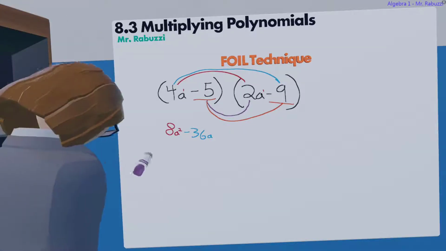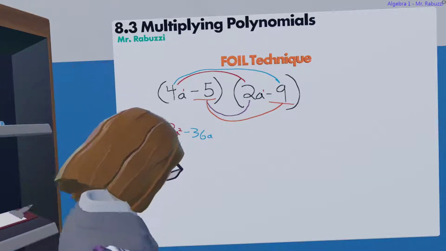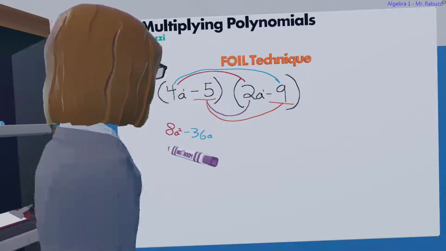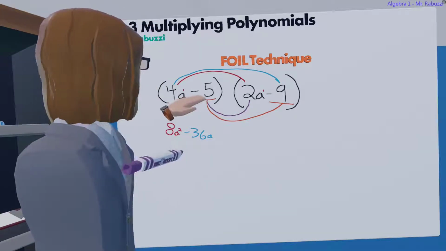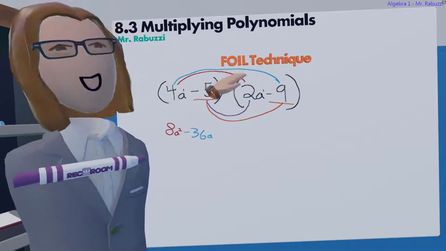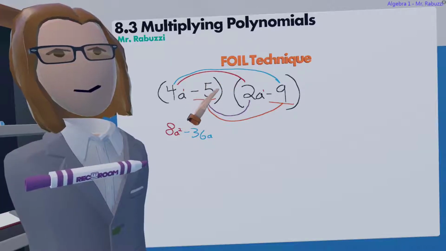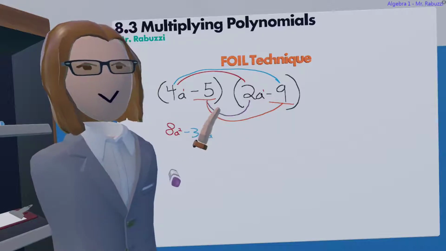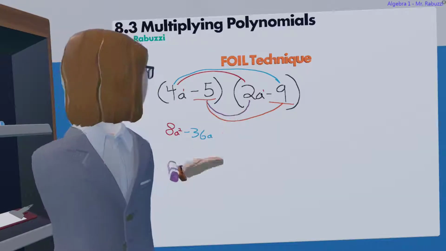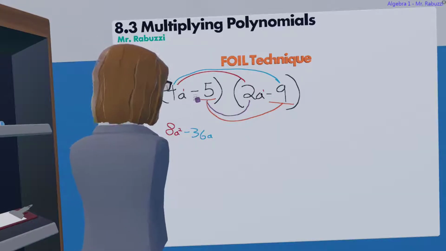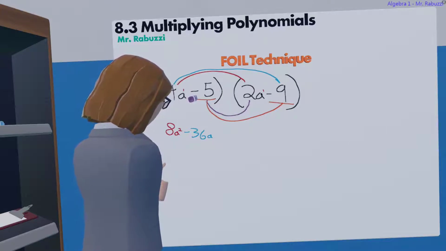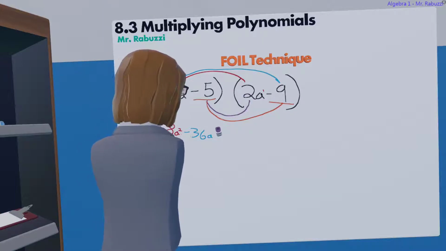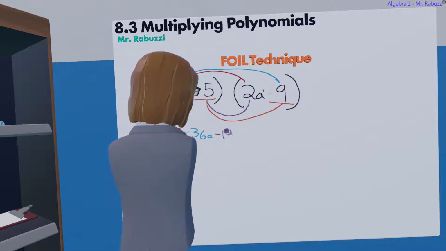All right, purple line. Hold on, let me check my chords here. Oh, we're good, okay. Purple line is our inside, I, okay? So the two pieces that are in the inside, we're going to multiply. That's the negative 5 and the 2A. All right, well, negative 5 times 2, that's negative 10.